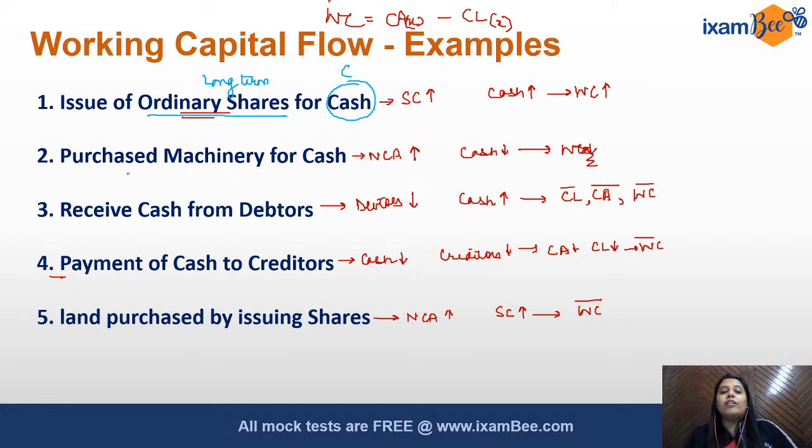On the other hand, with machinery for cash, machinery is a long-term, non-current item, whereas cash is a current item. Debtors relate to current and cash also relates to current assets, right? Cash and creditors both relate to current items: one is a current asset and the other is a current liability. And when we talk about land purchased by issuing shares, land is a long-term, non-current asset, and shares are also long-term, which is long-term internal liability or long-term capital.